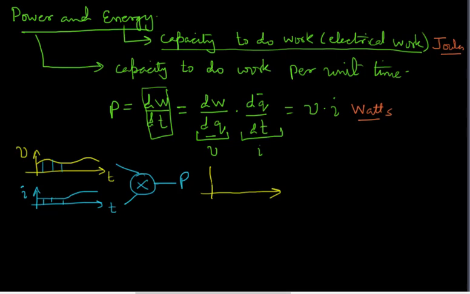And if you multiply voltage and current, it looks like this. So this is the power coming from some voltage across a battery or any element, and some current flowing through that element. This is the graph for the power. Now let me clarify. Power is defined at every instant.